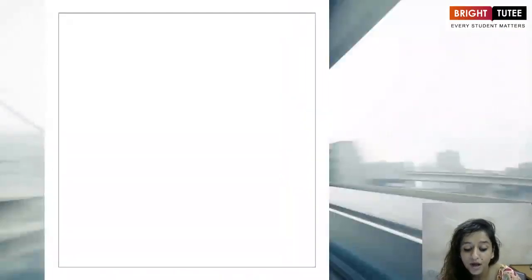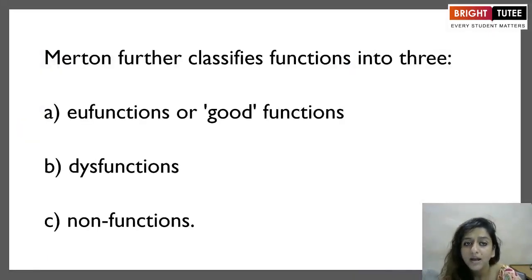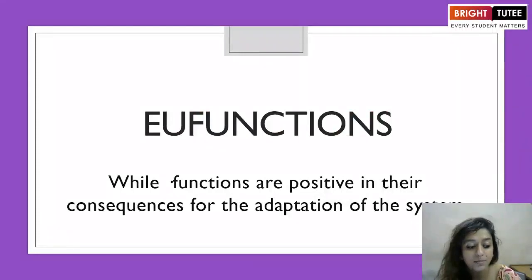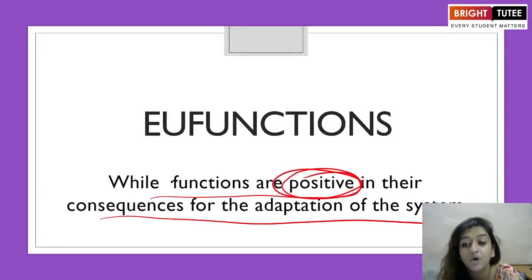Moving on, there are furthermore three types of functions that have been defined: the eufunctions, the dysfunctions and the non-functions. Now again, Merton further classifies them into the eufunctions, which are the good functions, the dysfunctions and the non-functions. Talking about eufunctions, this means functions that are positive in their consequences for the adaptation of the system.